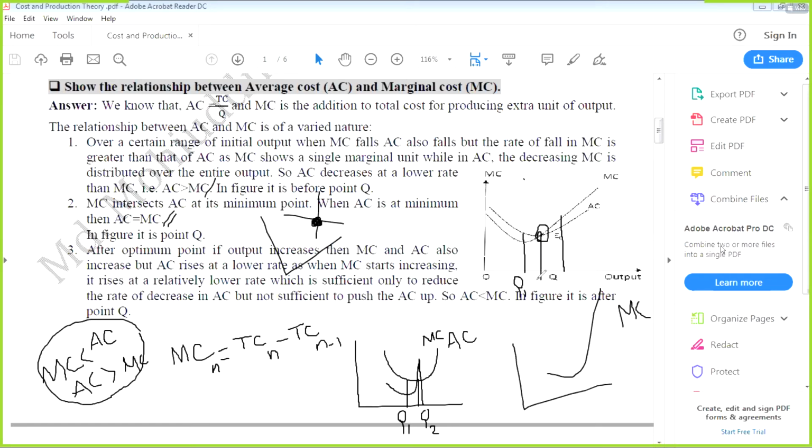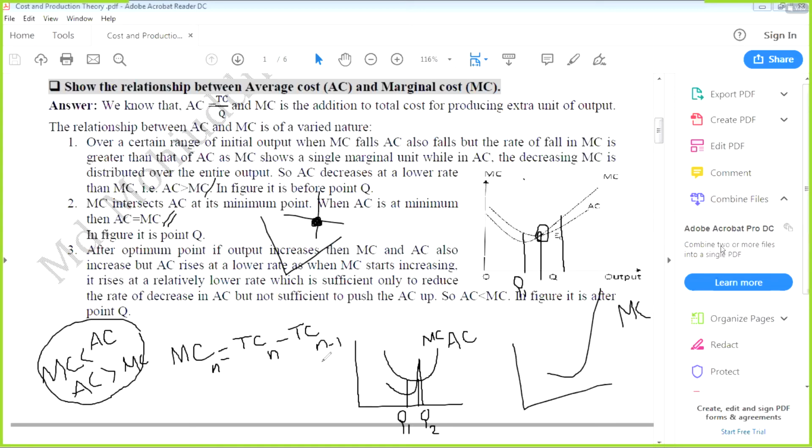Again, if you increase your output to the level Q3, what have we found? Marginal cost is increasing, average cost is also increasing, isn't it? But which one's increasing rate is higher?